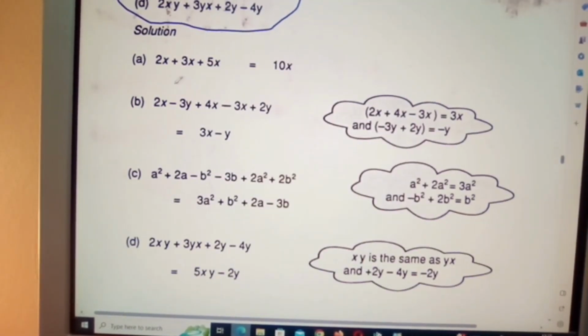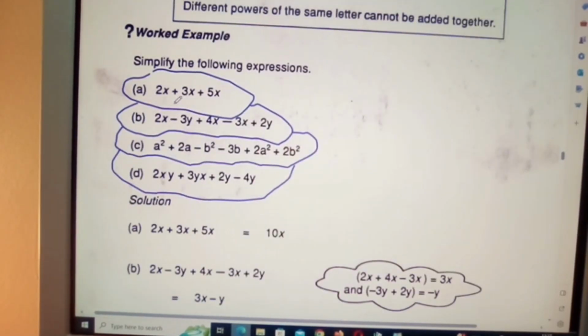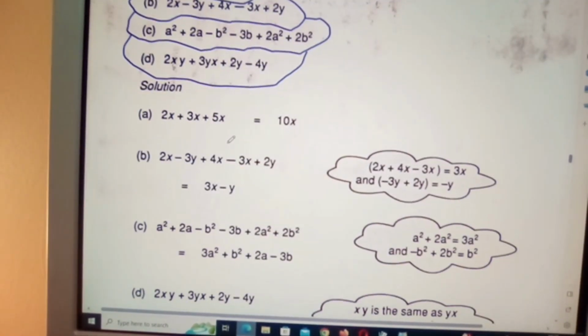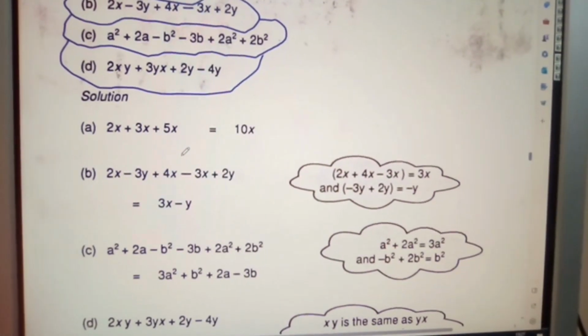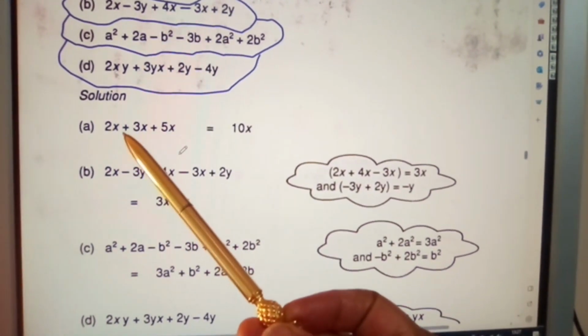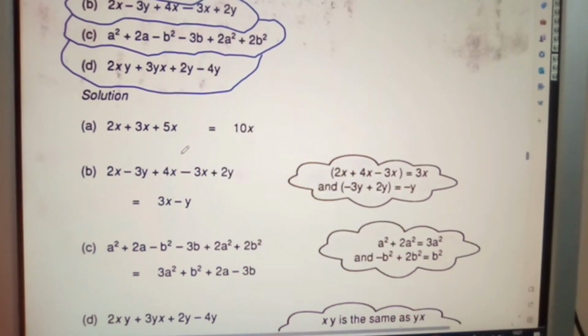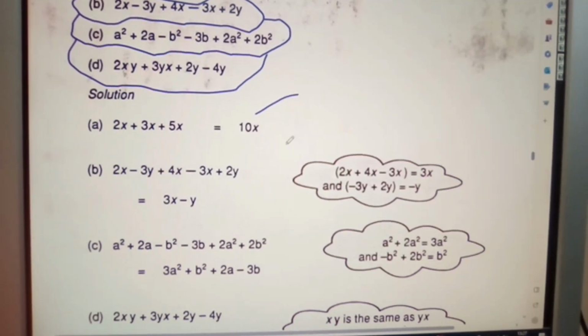So solution A. Here we have 2x plus 3x plus 5x. So 3x plus 2x is 5x, plus 5x equals 10x. And we know that is correct.